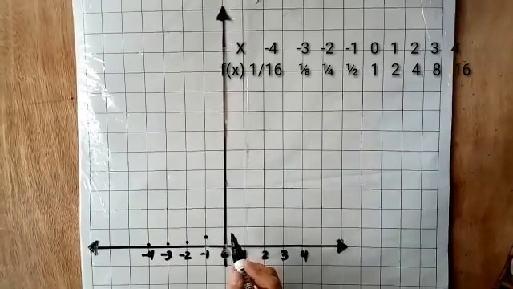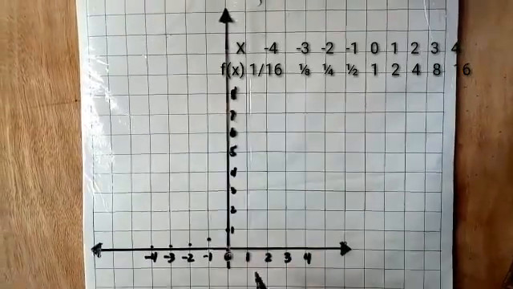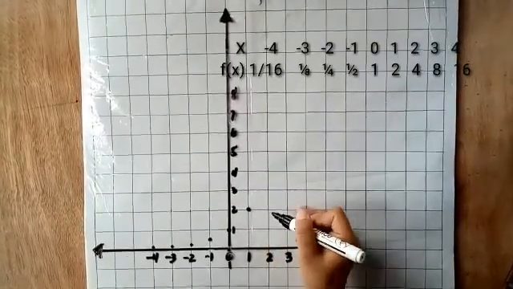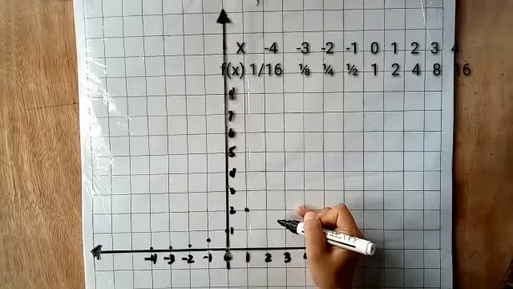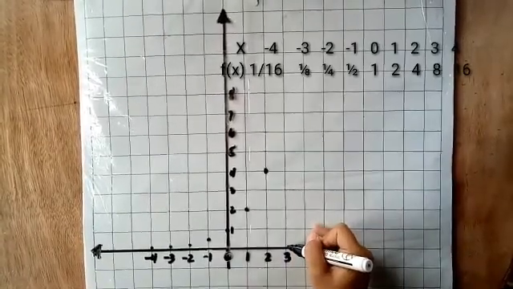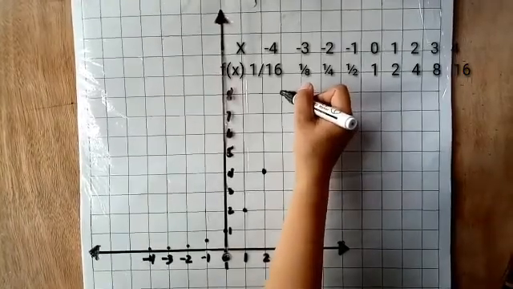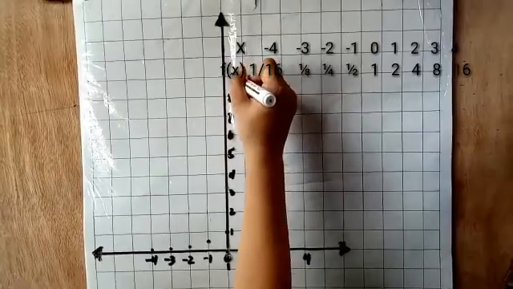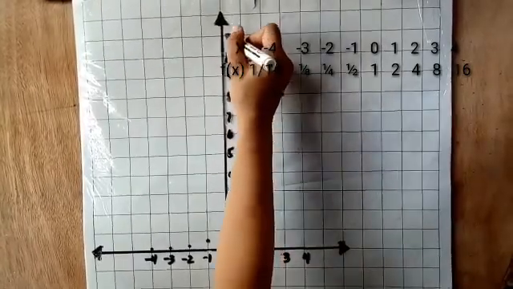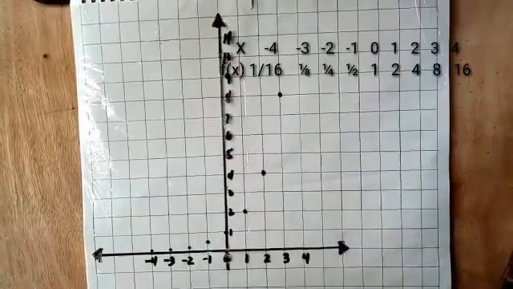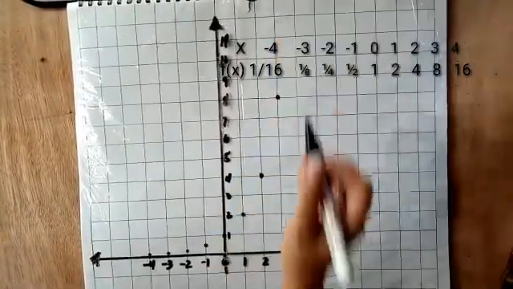0, 1, here. Then positive 1 is 2, so here. Then 2, we have here 4. Positive 3, 8. Then 4, we have 16. So we cannot plot 16 since our interval is 1. So somewhere over there.